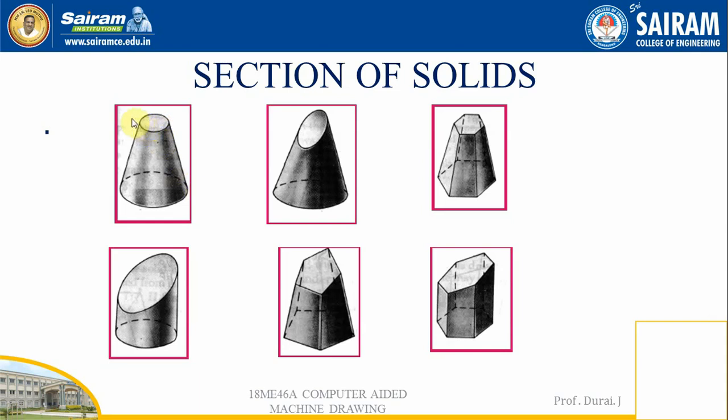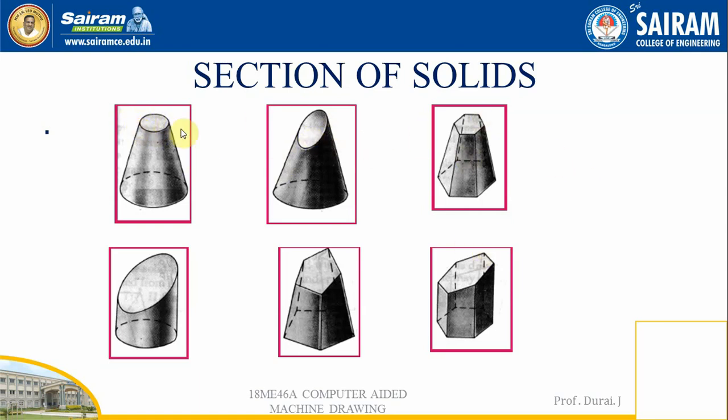The section plane cuts somewhere in the middle, or at some height. It may be a straight section plane, or sometimes an inclined plane, and it may be cut like this. Those things will be shown here.